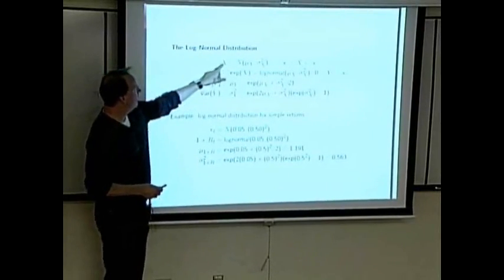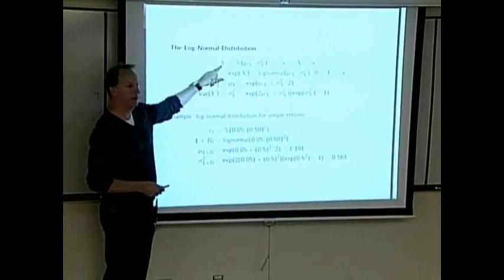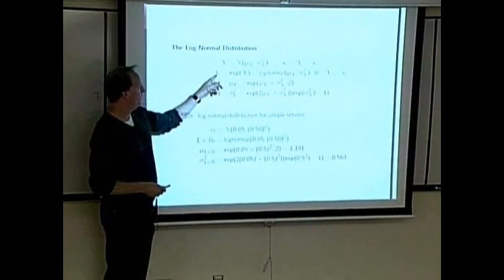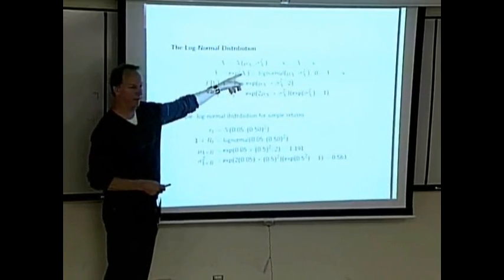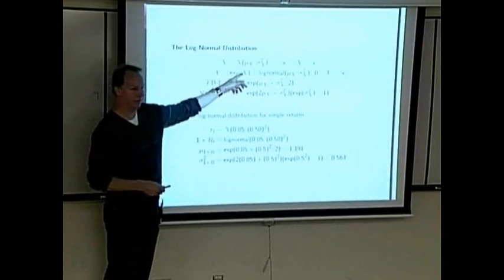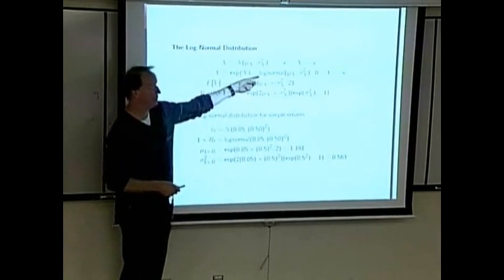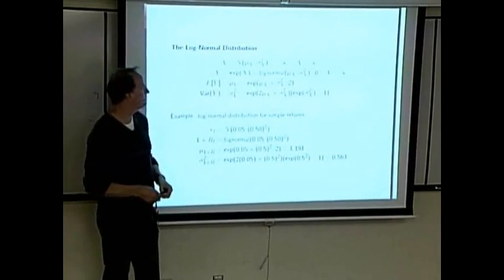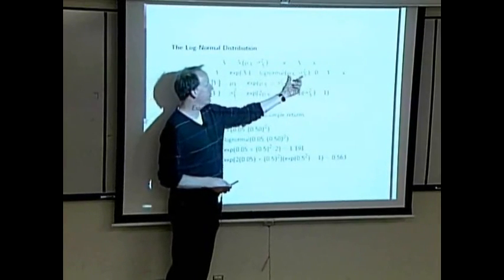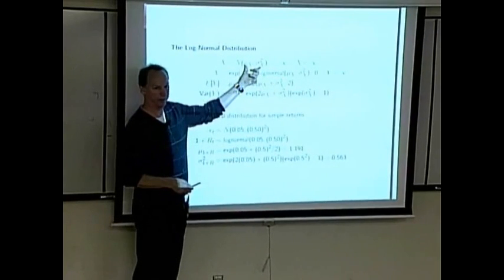So, for example, if we start with a random variable x that's normally distributed, for example, if the continuously compounded return is normally distributed, and we define a new random variable y that's the exponential of the first one, so remember, 1 plus the simple rate of return is e to the continuously compounded return, it turns out that y, which is the exponential of x, has what's called a log normal distribution. Okay? And the log normal distribution has parameters mu x and sigma x squared, and these two parameters are exactly the same as the parameters of the underlying normal distribution.